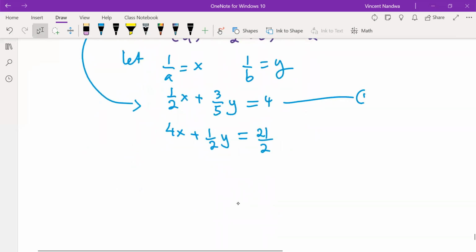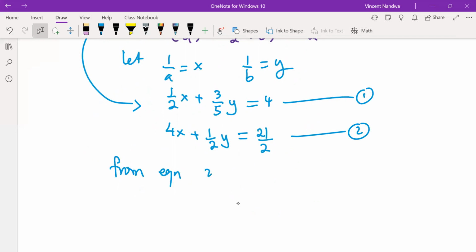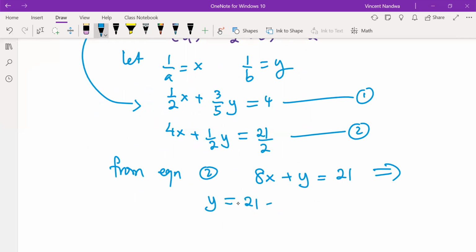So call this one equation 1, call this one equation 2. From equation 2, if I multiply everything by 2, I'll have 8x plus y equals 21, which means y alone will be 21 minus 8x. I can call this one equation 3.